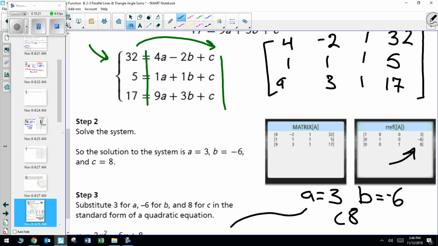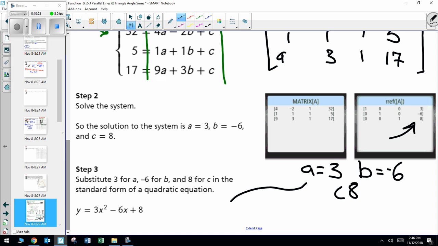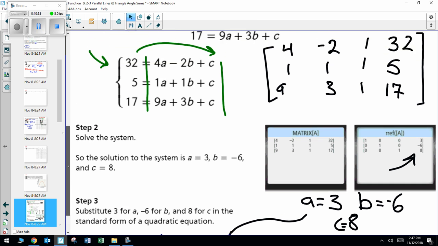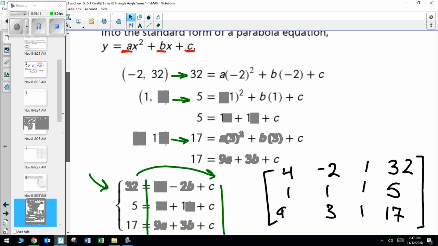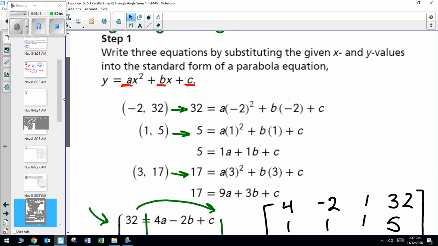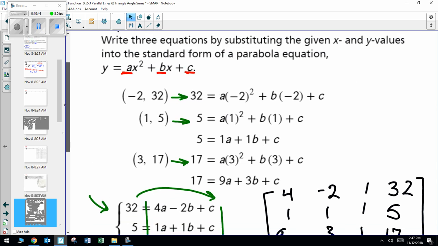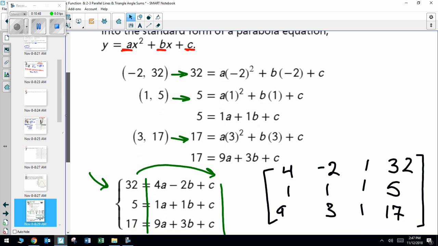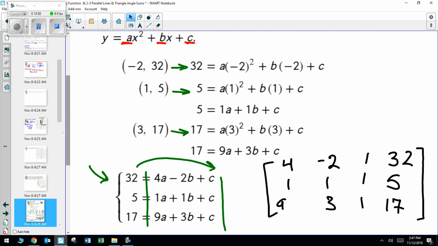So to get our final answer, we're going to plug those in for A, B, and C. So again, the idea here is plug in the 3 given values, simplify to get an equation, and you repeat that 3 times.